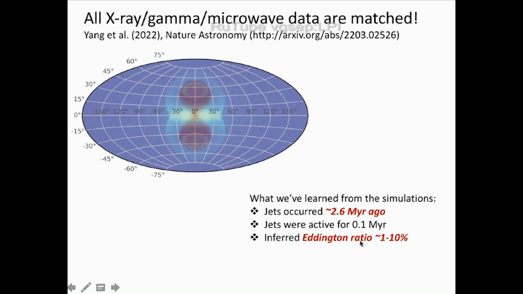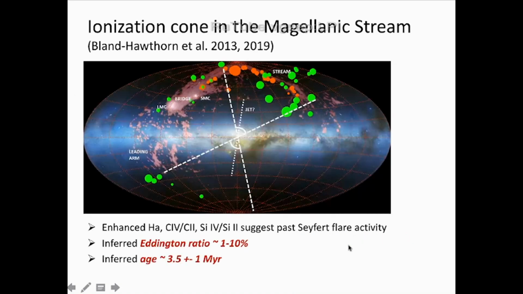The inferred Eddington ratio of black hole accretion is roughly 1 to 10% of the Eddington rate. Interestingly, the timescale and inferred level of activity are very consistent with another independent constraint coming from the ionization signatures in the Magellanic Stream.